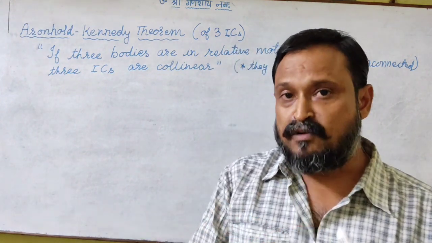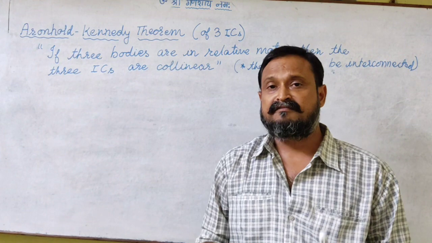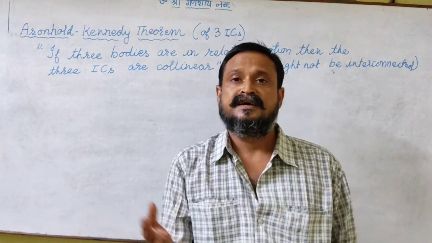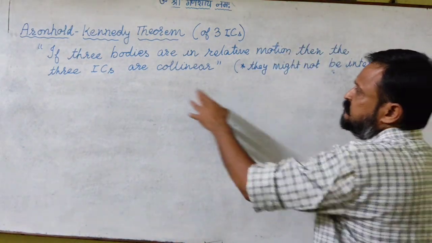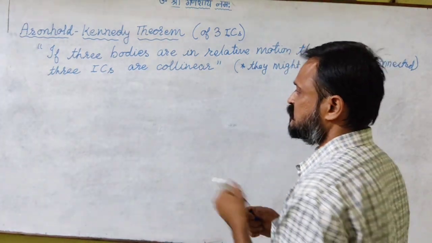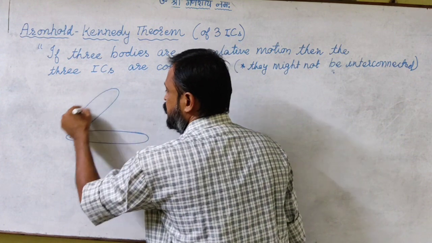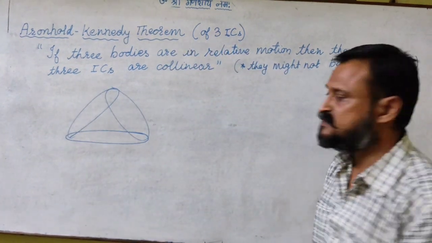So by contradiction, the motion can exist only when these three centers are collinear. So we need to consider at least 3 bodies. Let us say we consider a 3-link mechanism in this way.